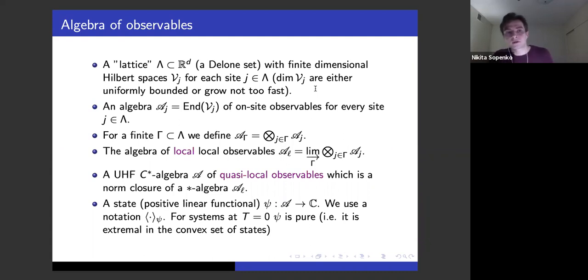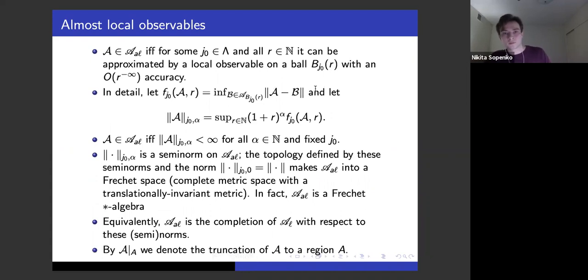And a more appropriate algebra for us will be the algebra of what we call almost local observables, which is a certain subalgebra, which is not a C-star algebra. These are observables which can be well approximated by finite observables with accuracies that decay faster than any power. More formally, we have some site j, and we consider the infimum of the difference between this observable and some observable localized on the ball at this site of radius r, the best possible approximation.